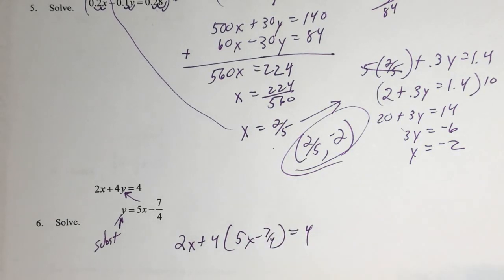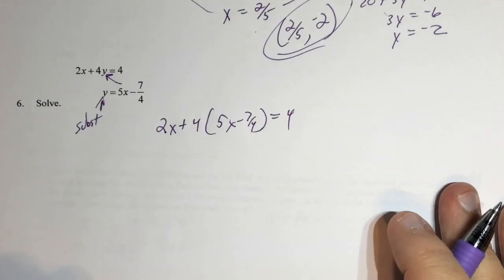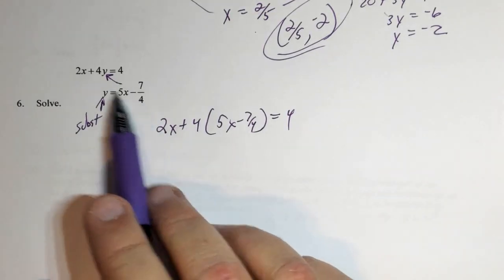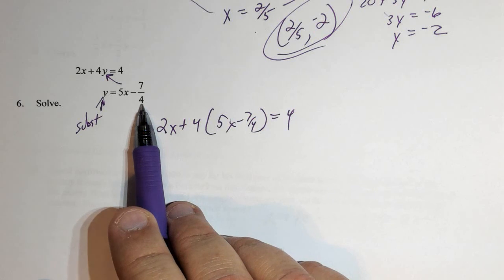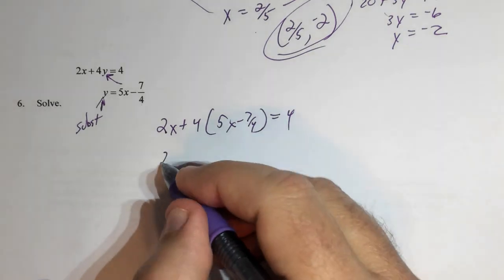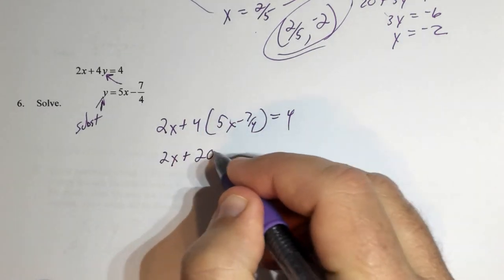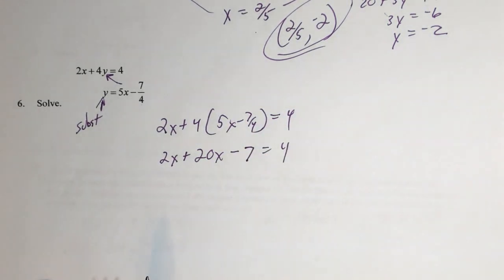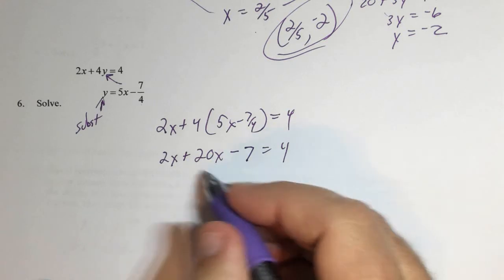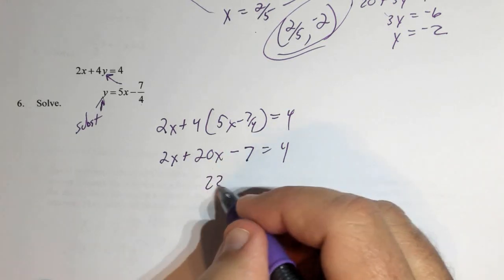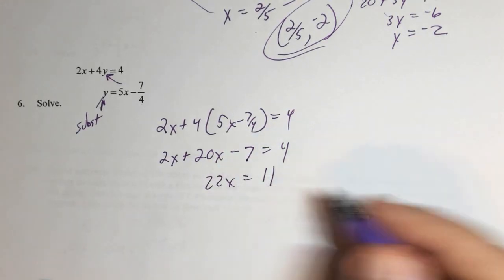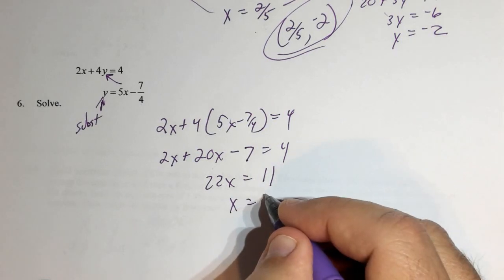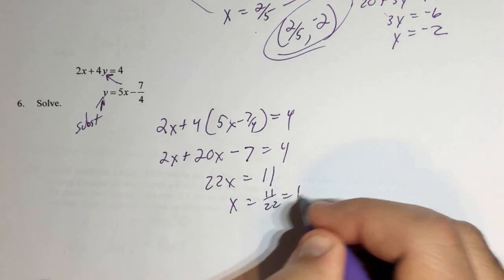Now, why do I know I can do that and not have to worry too much? Well, I looked real quick. That 4 times the 1/4 is going to cancel each other out. So when I distribute this, we're going to get 20x minus 7 is equal to 4. Which means this is going to be 22x is equal to 11. X is 11 over 22, which is 1/2.